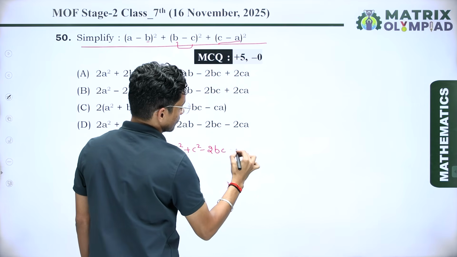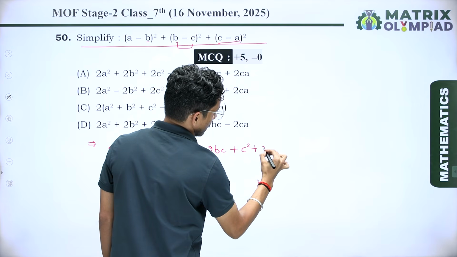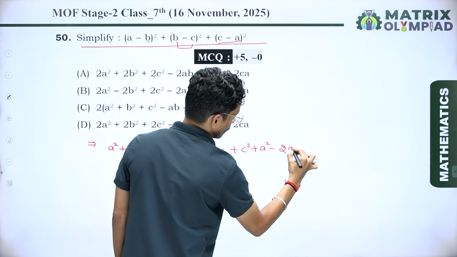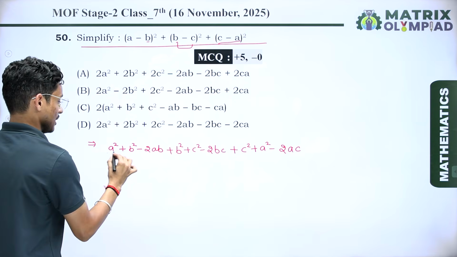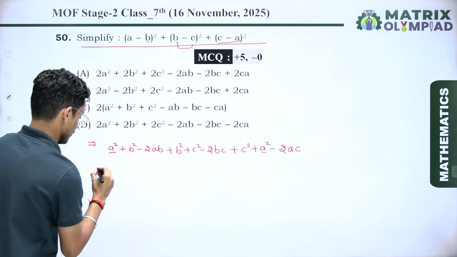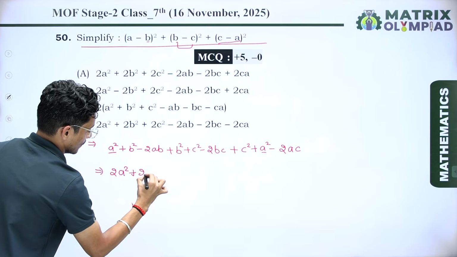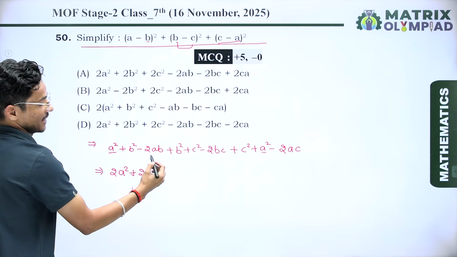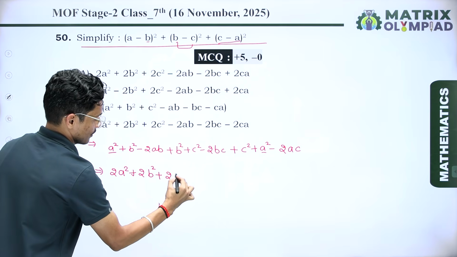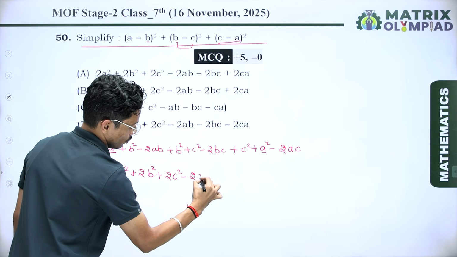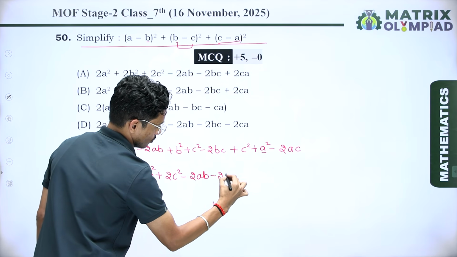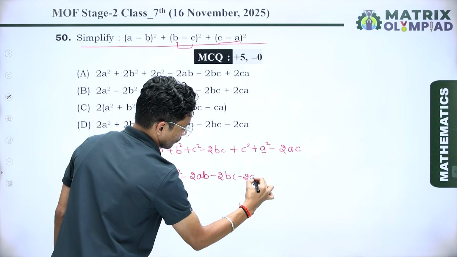For this I can write C square plus A square minus 2AC. So A square plus A square, here we have 2A square, 2B square, and again plus 2C square minus 2AB minus 2BC minus 2AC.